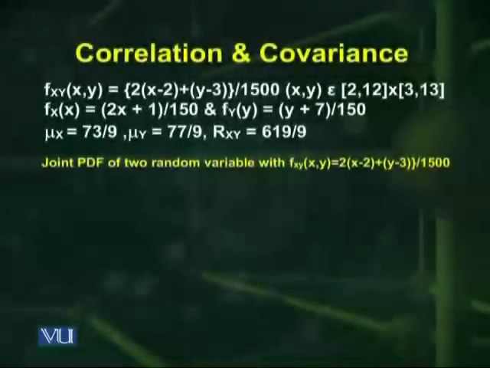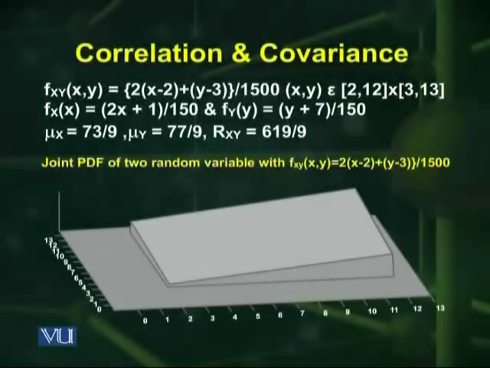So the whole PDF has been shifted by 2 units along the positive x-axis and 3 units along the positive y-axis. You can see this shifted PDF in your slide, and for this shifted PDF you can find the marginal densities, you can find the correlation and other quantities, and they have all been listed in the slide.